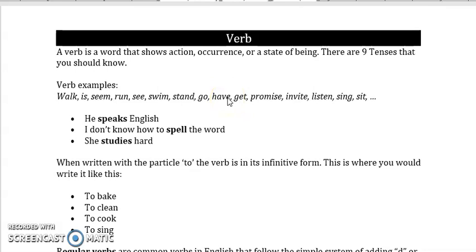They will not change their form, in the sense that we are not able to add ing for is, but we can put ing for have. All these verbs are words that can change into other forms.